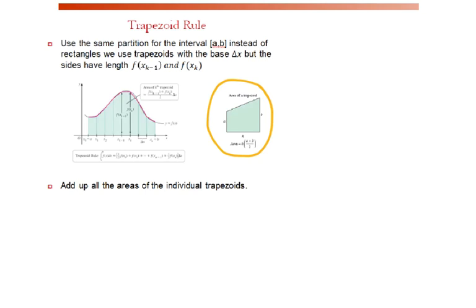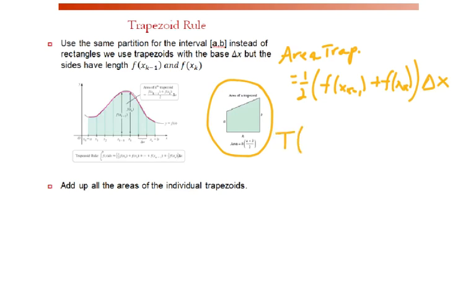So in our case, in terms of the function, the area of a single trapezoid, and I'll just abbreviate it, is going to be equal to 1/2 times f of x sub k minus 1 plus f of x sub k, and then delta x would be that height. So the trapezoid rule is denoted T sub n, and that's going to just be equal to the sum of the areas of the trapezoids.